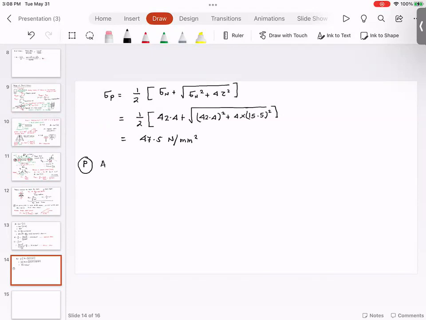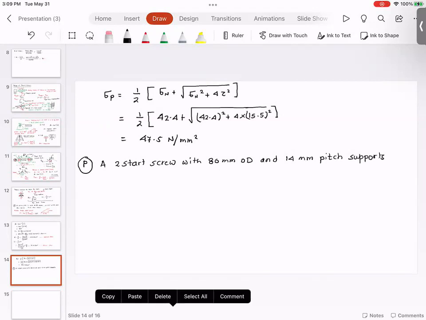A 2-start screw with 80 millimeter OD and 14 millimeter pitch supports 1.5 kilonewton load.